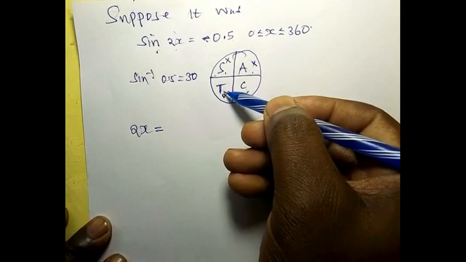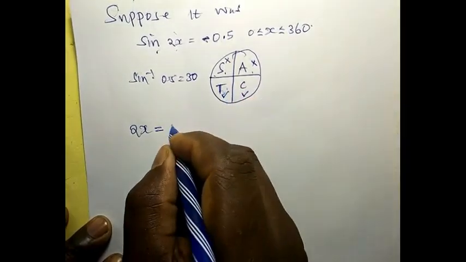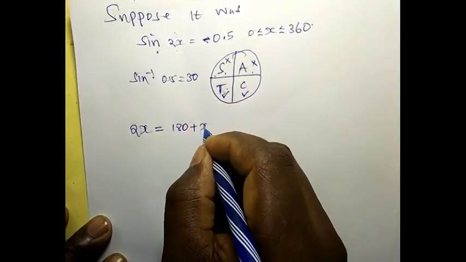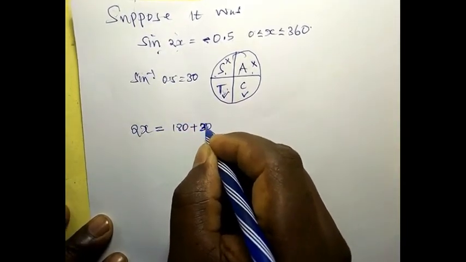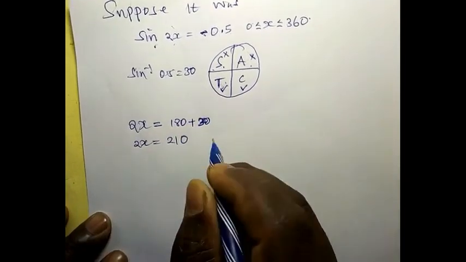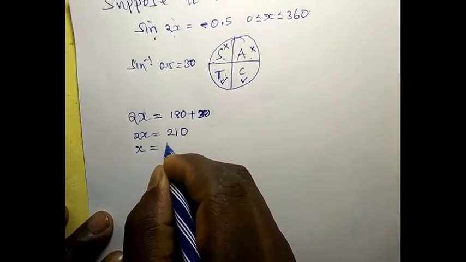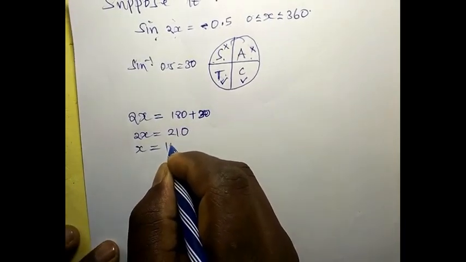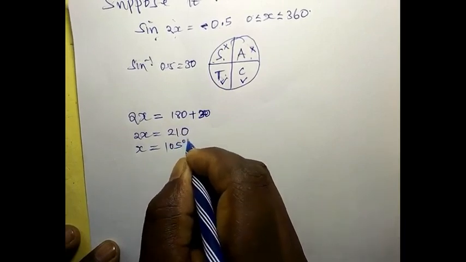How do we get an angle in the third quadrant? The third quadrant is 180 plus theta. Now our theta is 30. So 2x equal to 210. x equal to a half, which is 105 degrees.